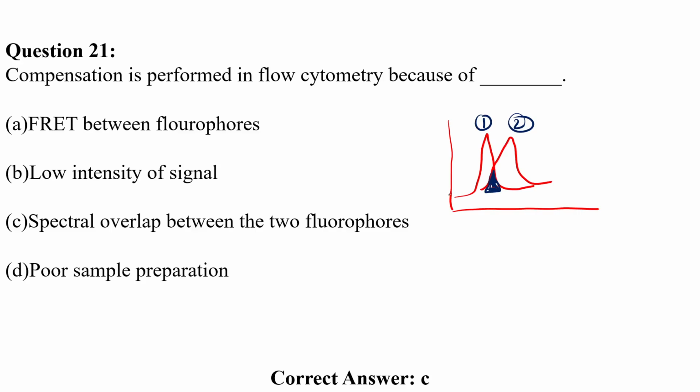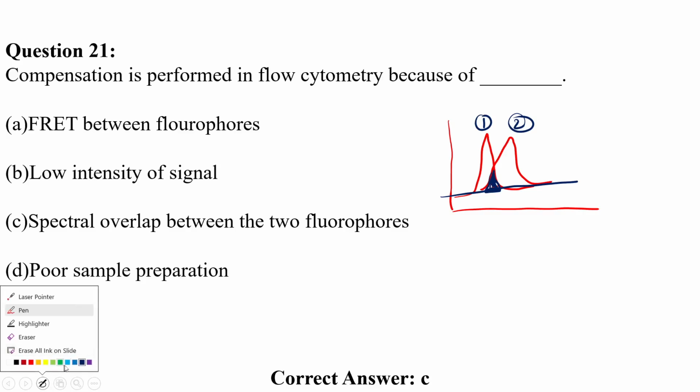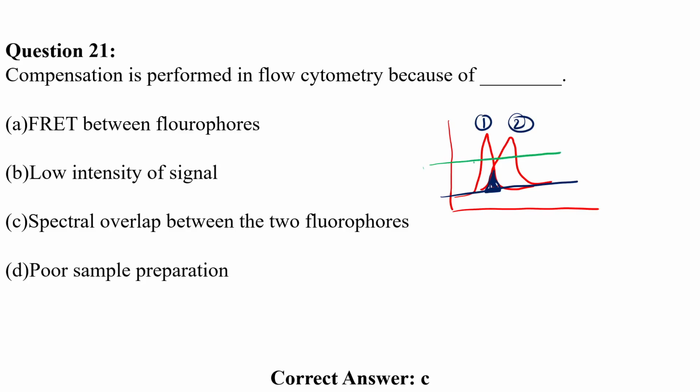So if this is our baseline, our instrument will tell us how much contamination there is from one fluorophore into the other, and then we can attenuate this so that our baseline is somewhere here. If I shift my baseline from here to here, I will now get a graph clearly separating two peaks, right? Here the peaks are separated, and in this region too the peaks are separated.